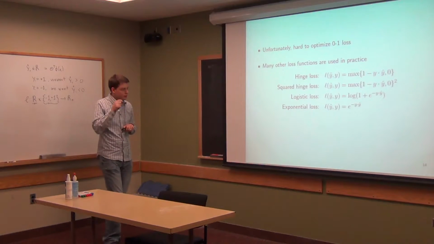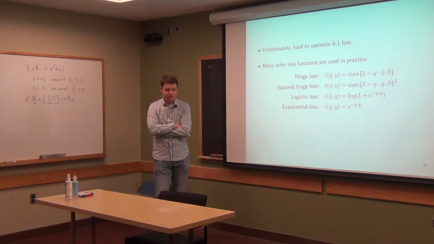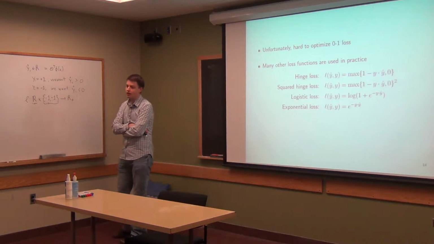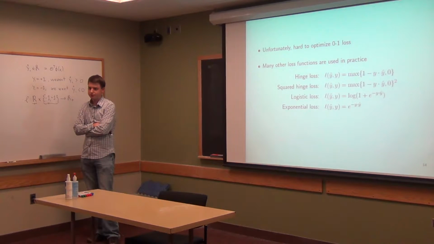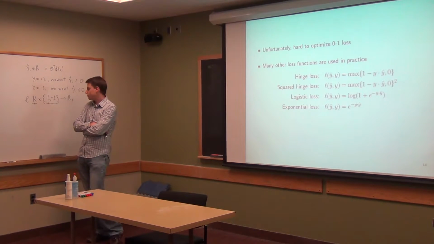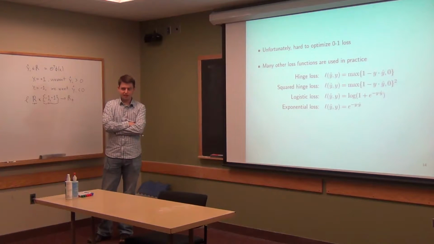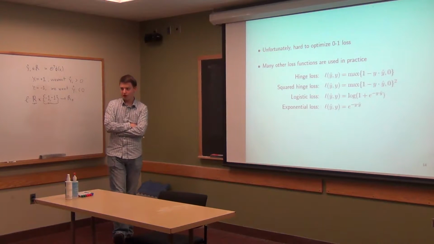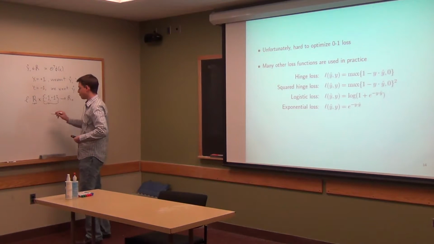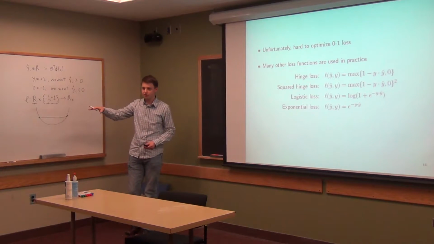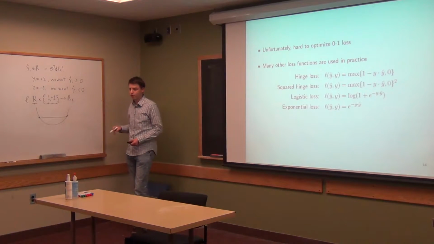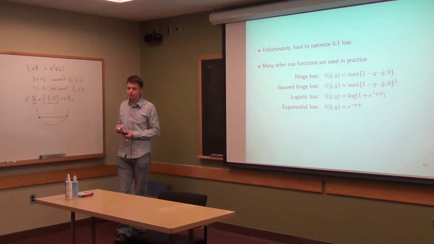Okay. The problem with this loss function is that, unlike our squared error, it can be very hard to optimize 0-1 loss. Remember, we talked about convexity in the first lecture. If a function is convex, you can take any two points, and the line between them lies above or on the function.